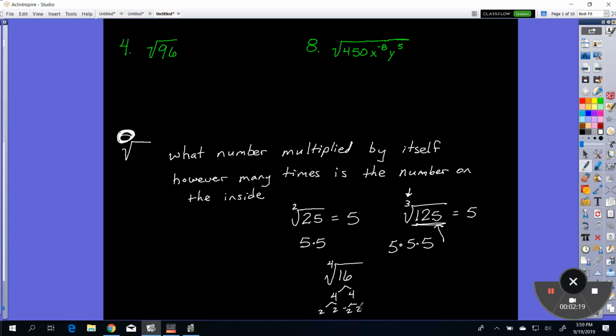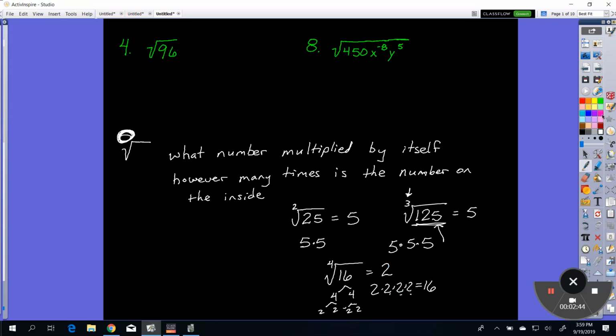So there are 4 2s down at the bottom here. So that's what we're looking for: a number multiplied by itself 4 times that gives us 16. So 2 times 2 times 2 times 2 is 16. In other words, the number is 2.